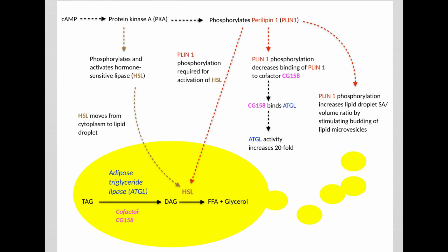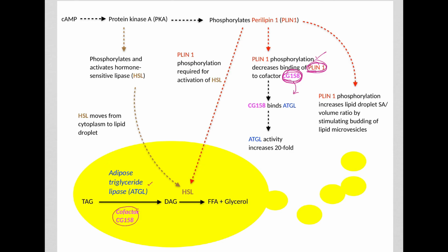Now, normally this cofactor CGI-58 is bound to PLIN1, so this cofactor is not available to this enzyme. However, when PLIN1 becomes phosphorylated, this binding is weak and the CGI-58 is free.